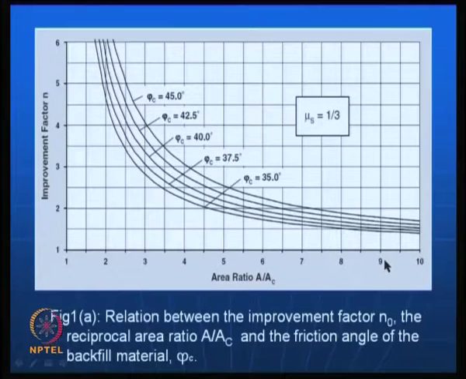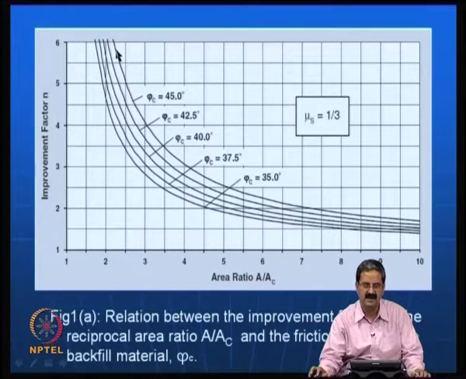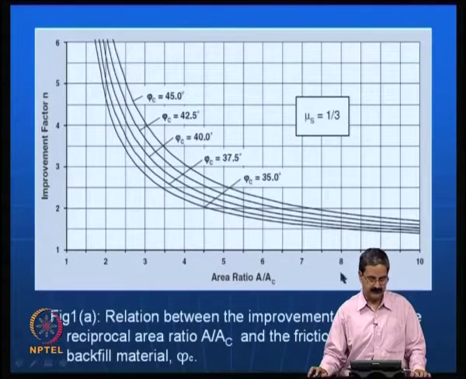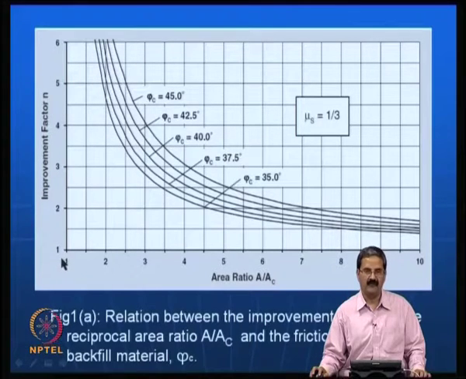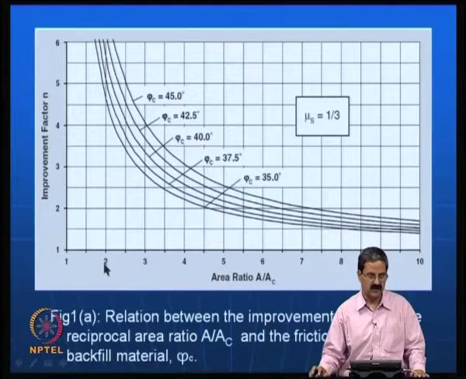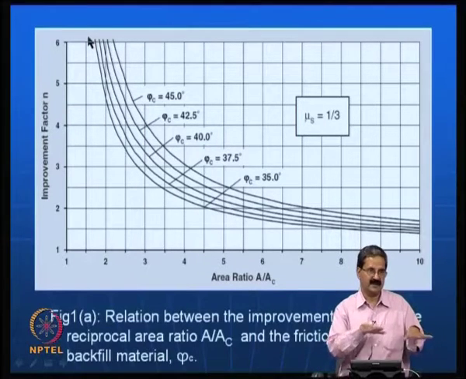If you just do a parametric study, you can simply get from an Excel sheet what the improvement factor is and what the area ratio is. You can see that if the area ratio is 1, where you are trying to replace the whole material with stones, definitely the improvement factor is going to be very high, which is infinite, which is not possible because of the various assumptions that we have.